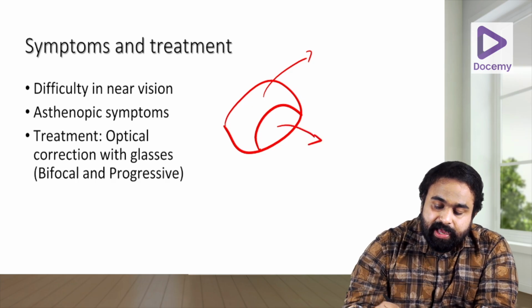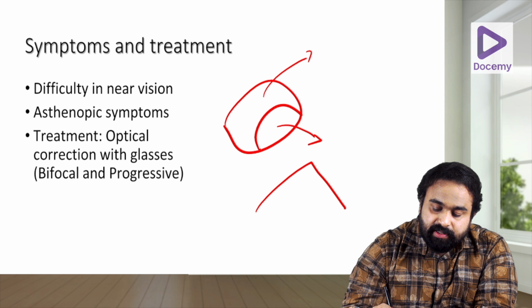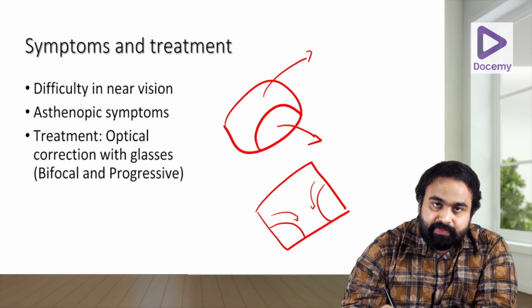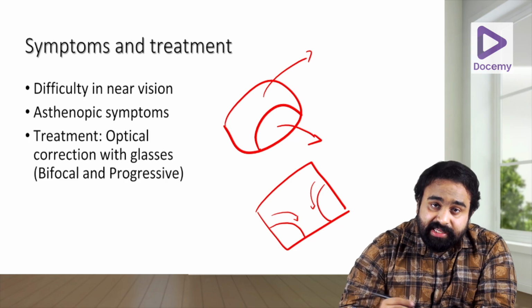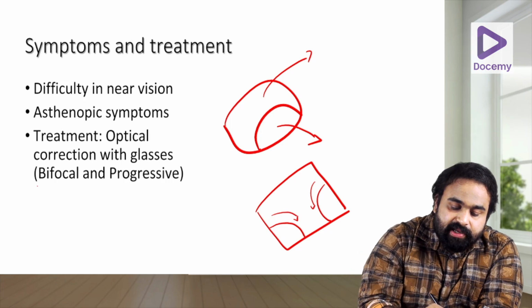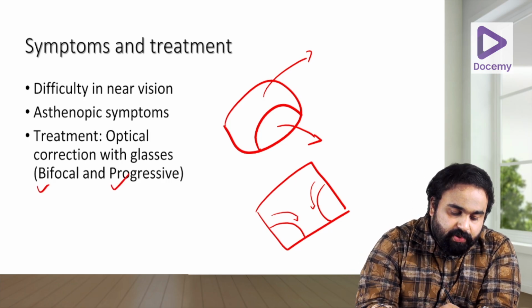In progressive lenses, this step will not be there. It will be a single lens like this, and the power will be progressively increased. It gives a more aesthetically good look, and the stepping effect will not be there in progressive lenses. And these are the corrections for presbyopia.